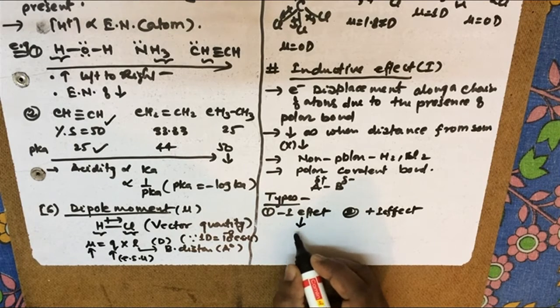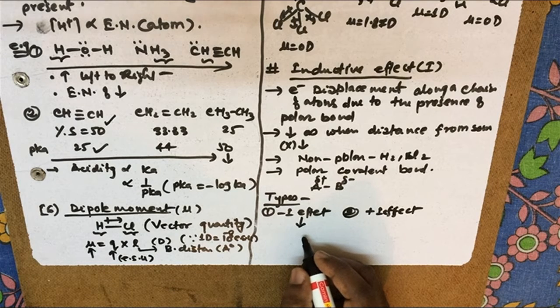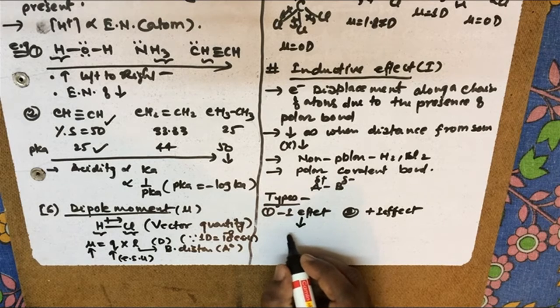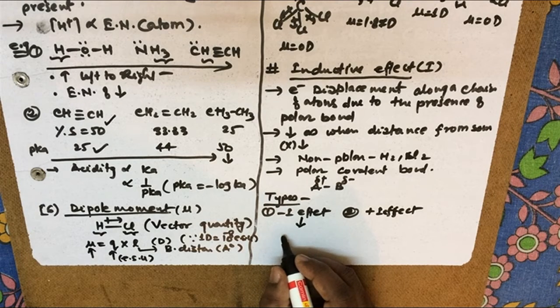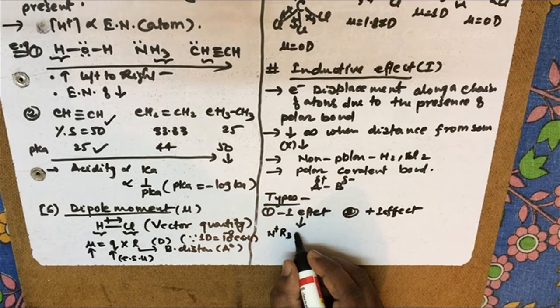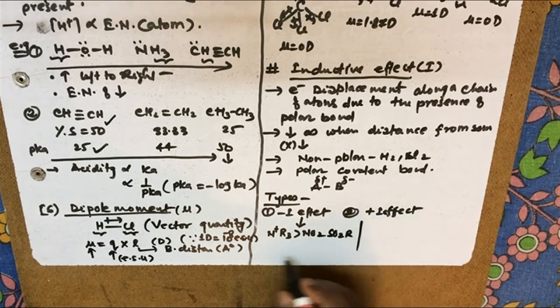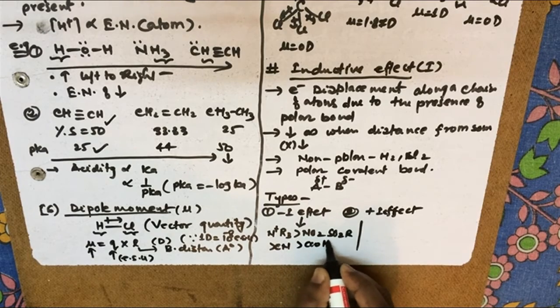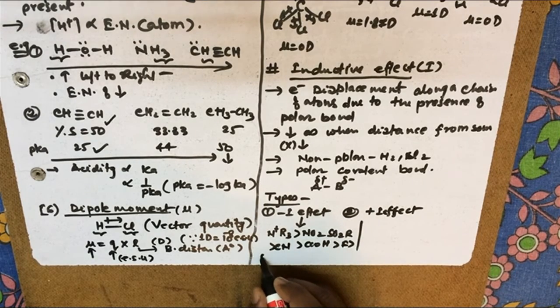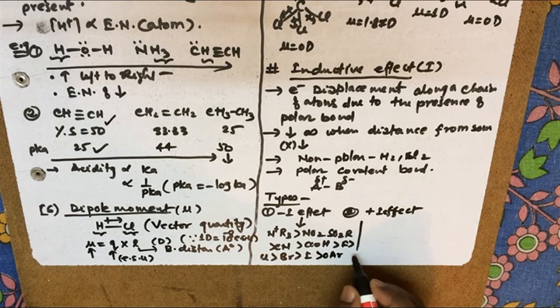Minus I effect: any atom or group which attracts electrons more strongly than hydrogen is known as minus I effect, like NR3+ greater than NO2 greater than SO2R greater than CN greater than COOH greater than F greater than Cl greater than Br greater than I greater than OAr, etc.